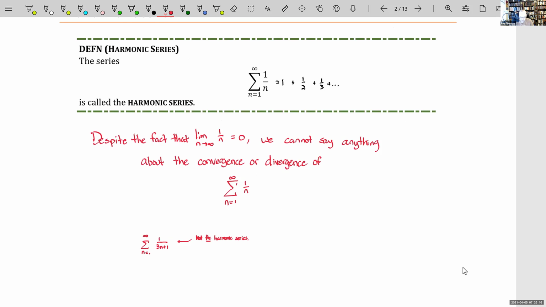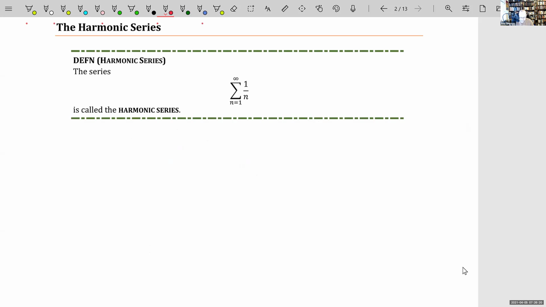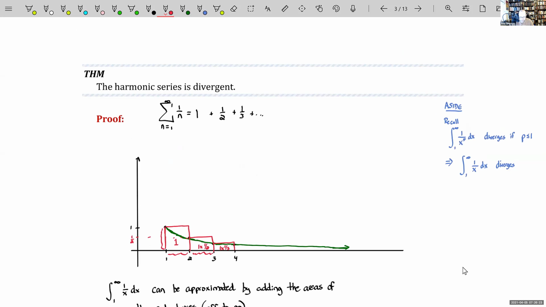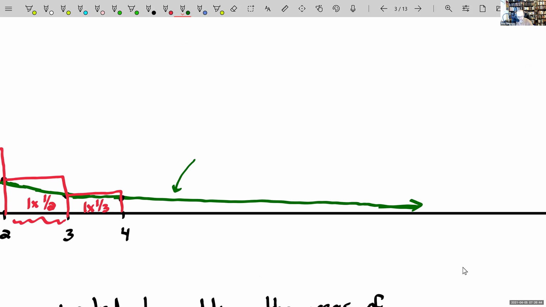at the area underneath. I don't know if I did it on this one, but I might have done it on this guy right here. So we proved that the harmonic series diverges because the harmonic series is a sum of the area underneath those red rectangles, and the area underneath those red rectangles is greater than the area underneath that green curve, which is, I don't have it written here, but that green curve is y equals 1 over x.